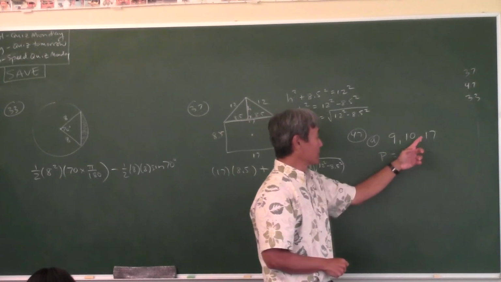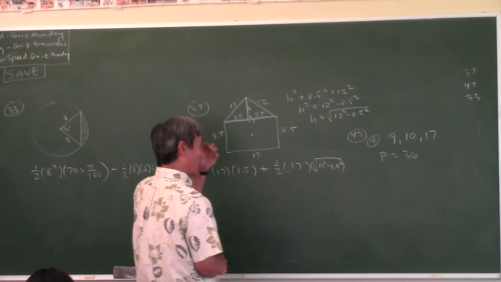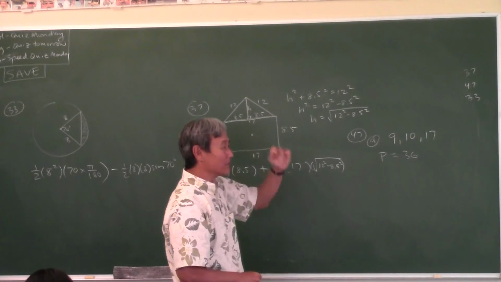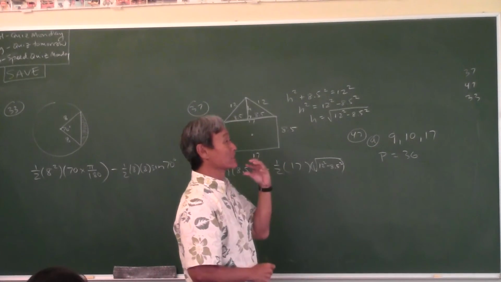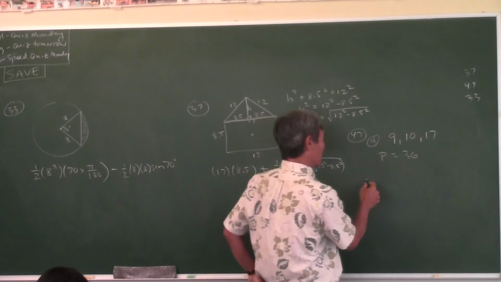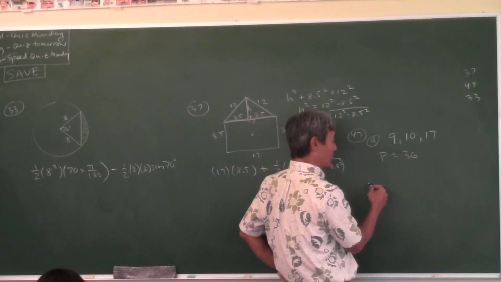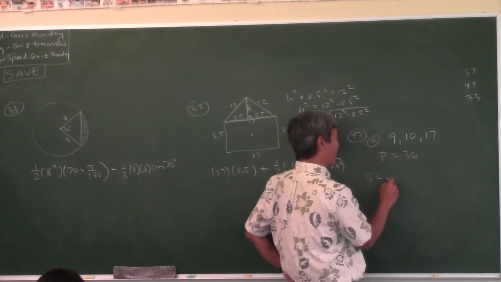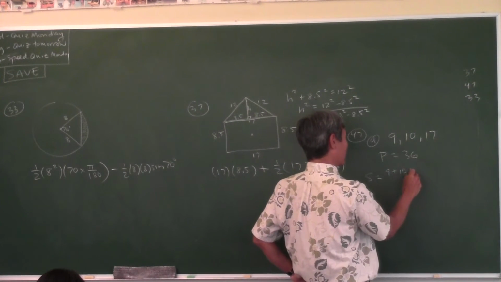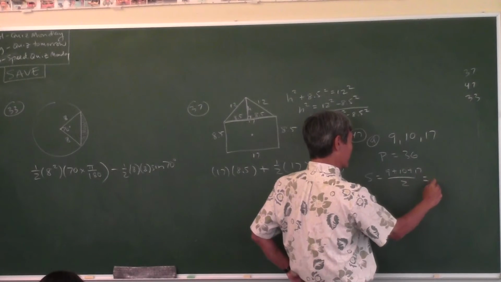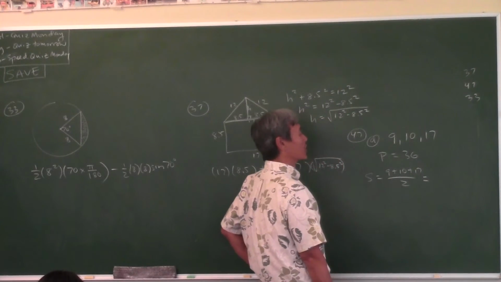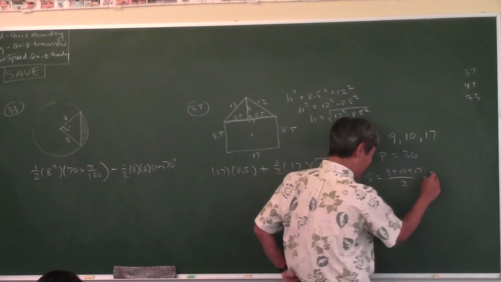So if these are the three sides of a triangle, how do I find the area? Heron's formula. So what's the first thing you should compute when you use Heron's formula? The semi-perimeter. So that's 9 plus 10 plus 17 over 2, which is 36 over 2, 18.